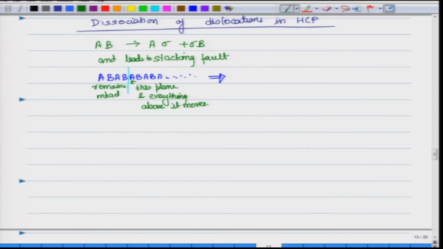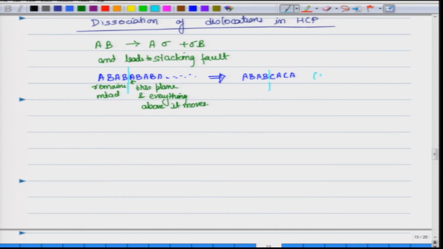Because it has formed a partial dislocation, this much layer would remain as it is, and after that what you will see is that this A layer will become C layer, B layer will become A layer, and therefore, you will end up with CA type of plane. So, this is the plane over which glide took place.